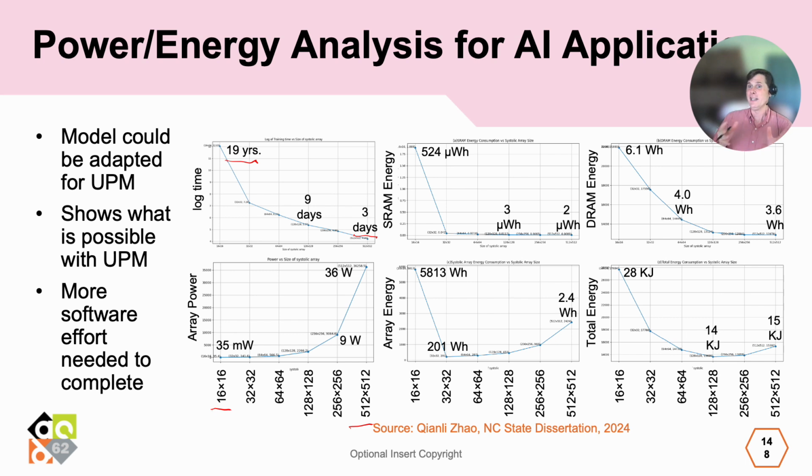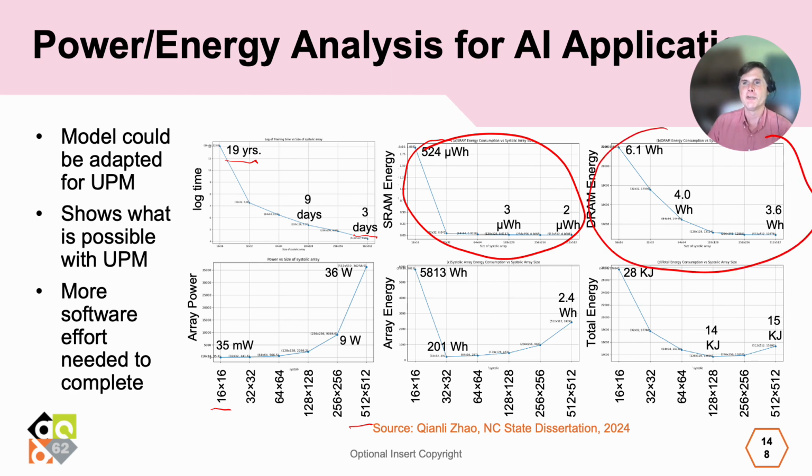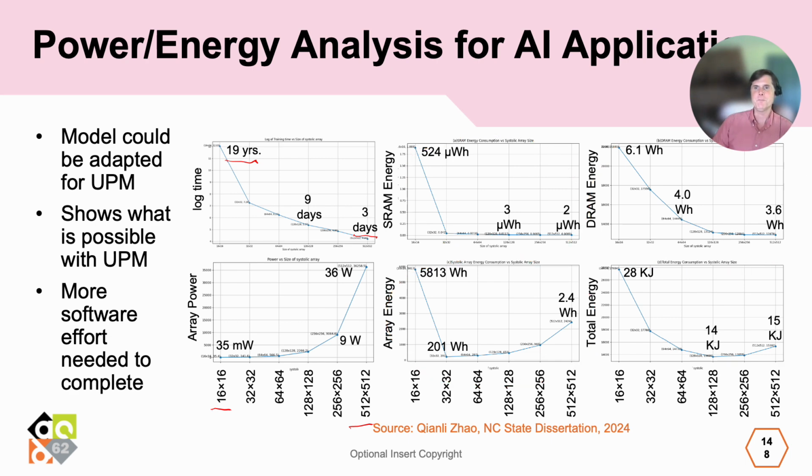Going through and looking at the rest of the system, you'll see that he boiled it down to the amount of SRAM energy that was consumed for each of these evaluations of ResNet 50, as well as the energy for the DRAM accesses. And then working that back to figure out how much energy was consumed by the array.